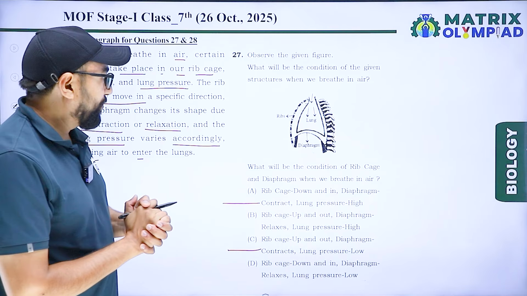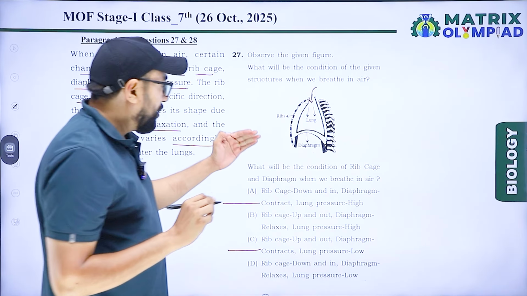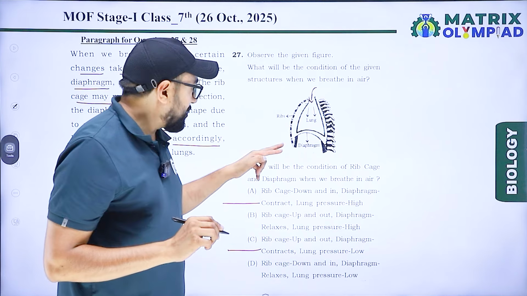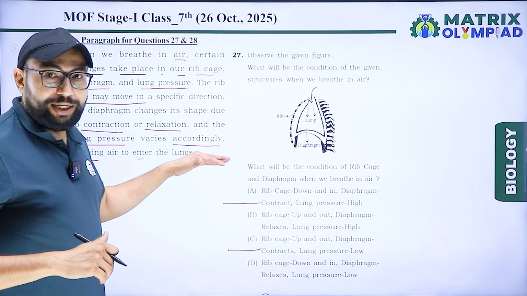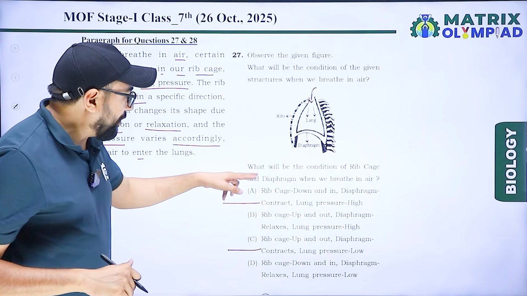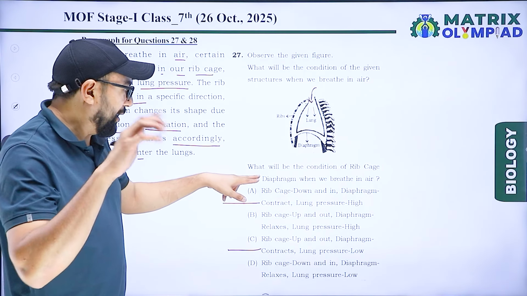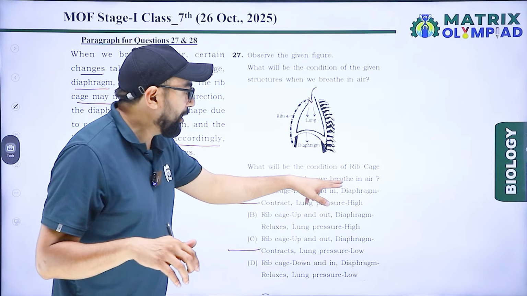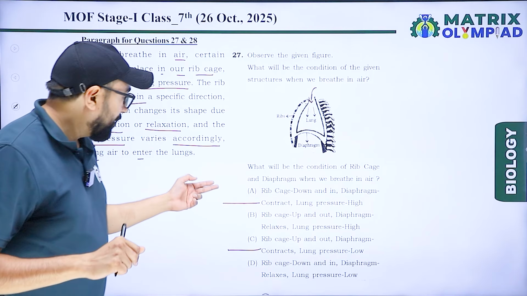Observe the diagram. During inhalation only, what will be the condition of the rib cage and diaphragm when we breathe in air?